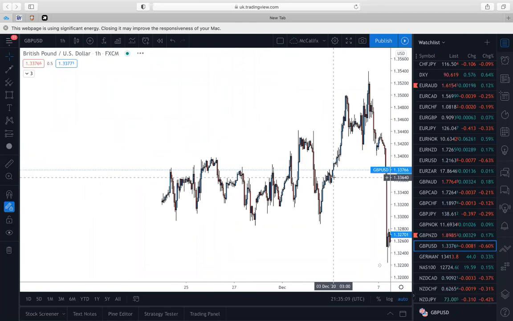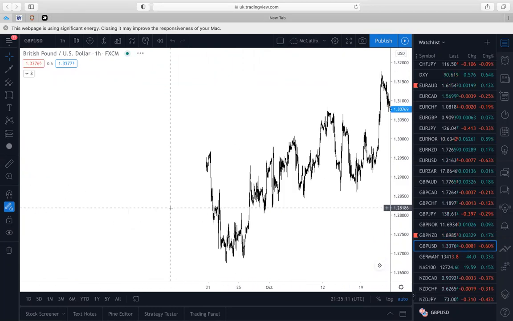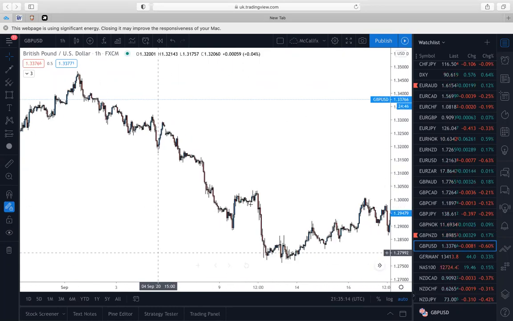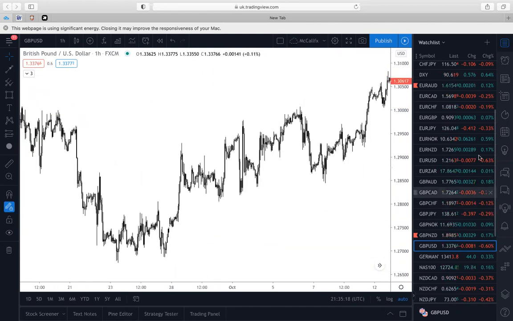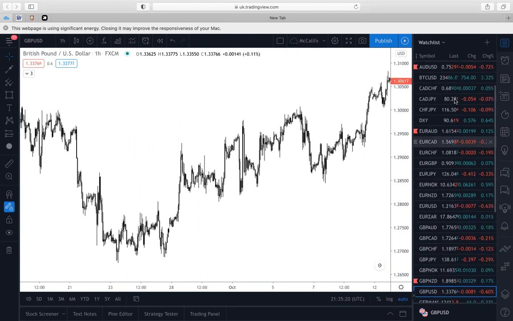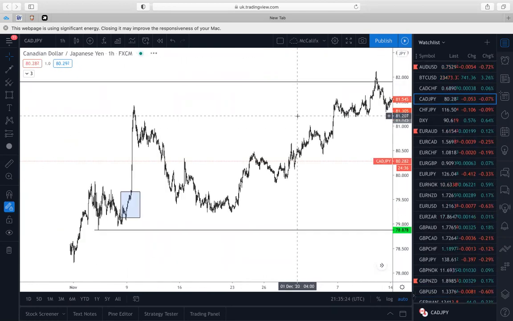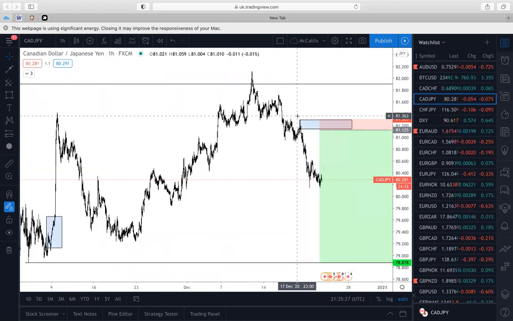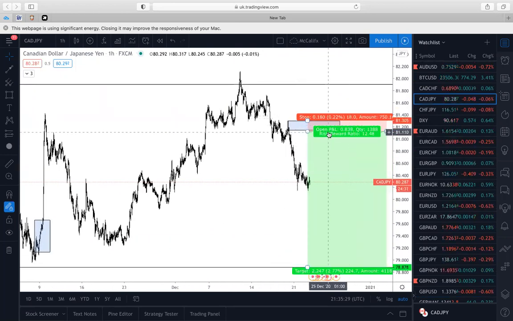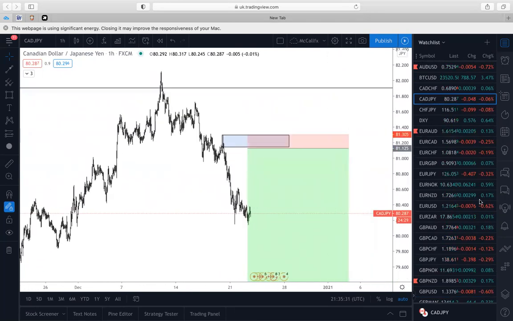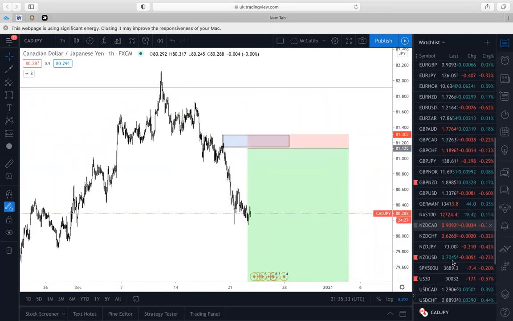Which was the euro pair, right? This was pretty clean. It rallied to the upside, based, and then it went back down. These are clean structures. Now let me show you an example of another clean structure. Let me see. Hopefully I find one.